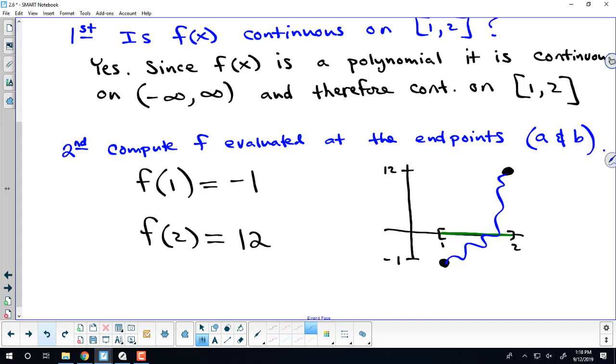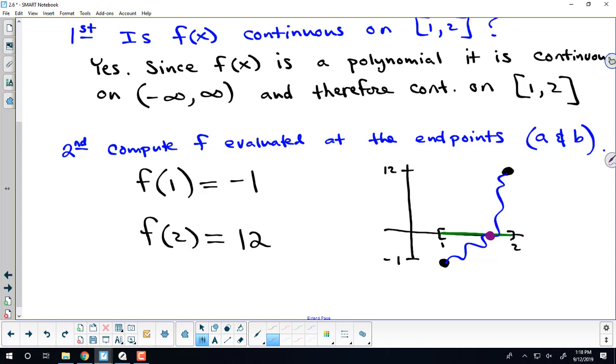We know it's not doing that because it's a polynomial, but the function could be doing whatever it wants to do in between those 2 points that we've computed. We just know that it's continuous, meaning it's all connected. So at a certain location, let's say that's here, it has to pass through 0. In other words, that function has to equal 0 somewhere in between 1 and 2.